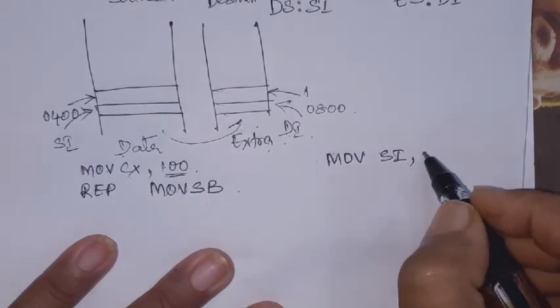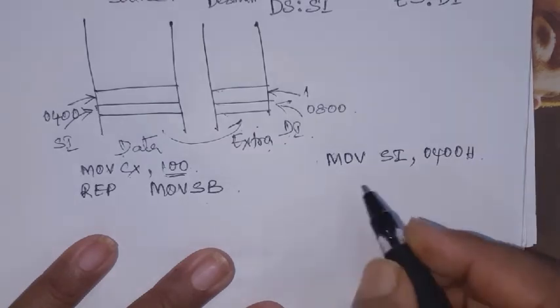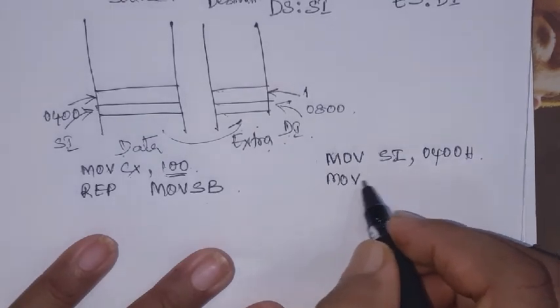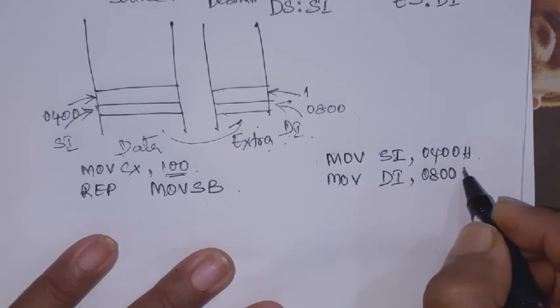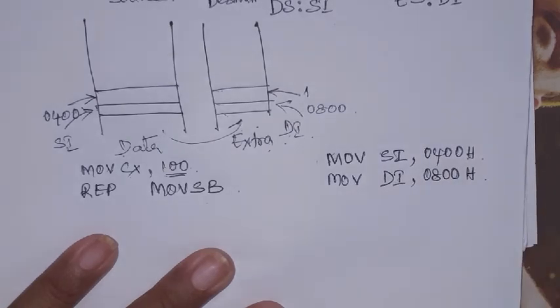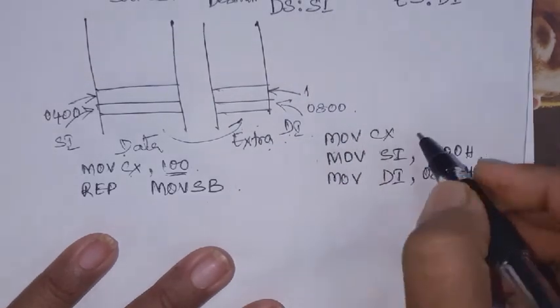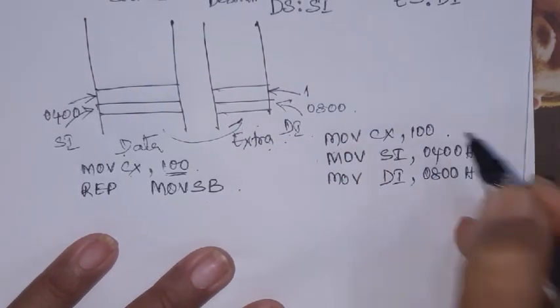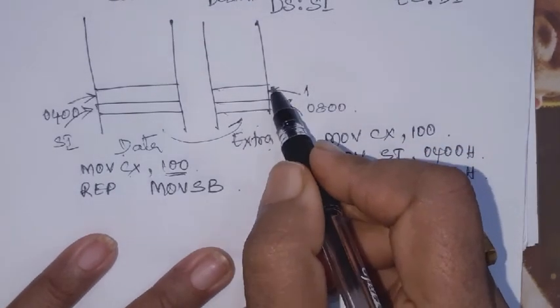Then SI must be loaded with this source address, and the DI register must be loaded with the destination address. Then load the counter register with the count.